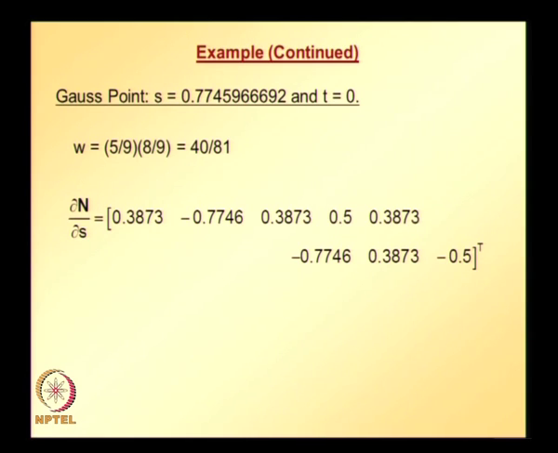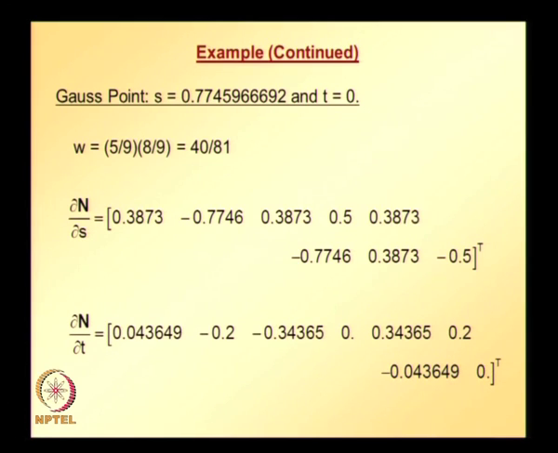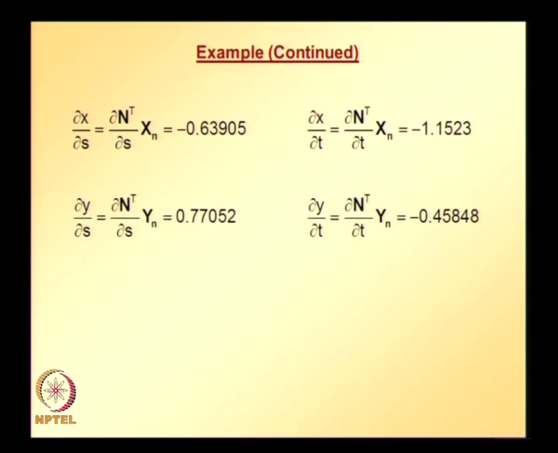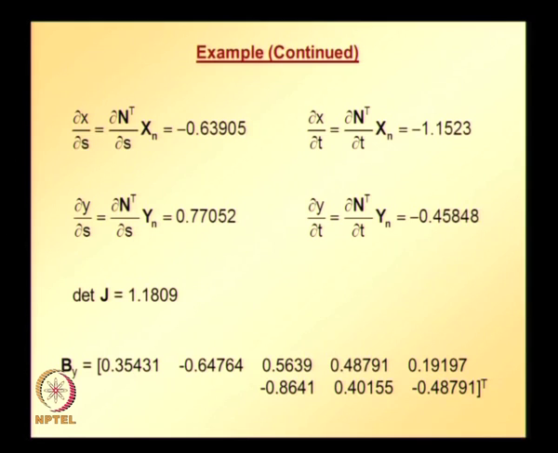This is the derivative of the shape function with respect to s, and the shape function derivative with respect to t, and once we have this information we can easily calculate the derivative of x with respect to s, x with respect to t, y with respect to s, y with respect to t. And then the determinant of J, then the B vector. All this follows mechanically once we get the information about the point and weight.